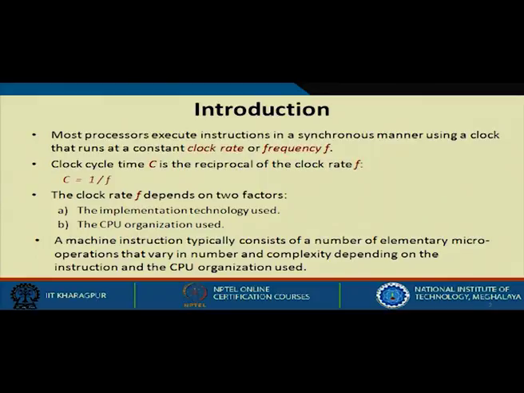As I said just now, the machine instruction typically consists of a number of elementary micro operations that vary in number and complexity depending on the instruction and the CPU organization used. By this what we mean, let us take an example here.